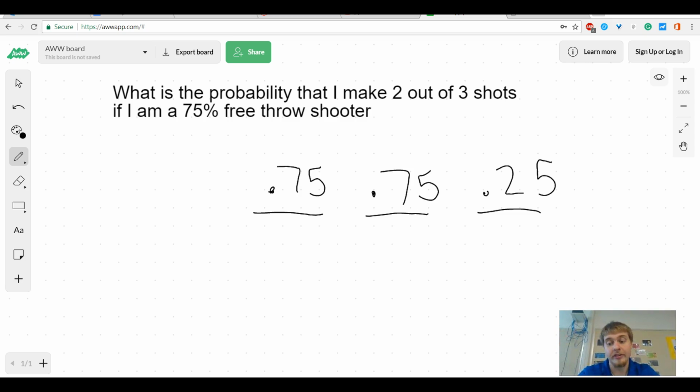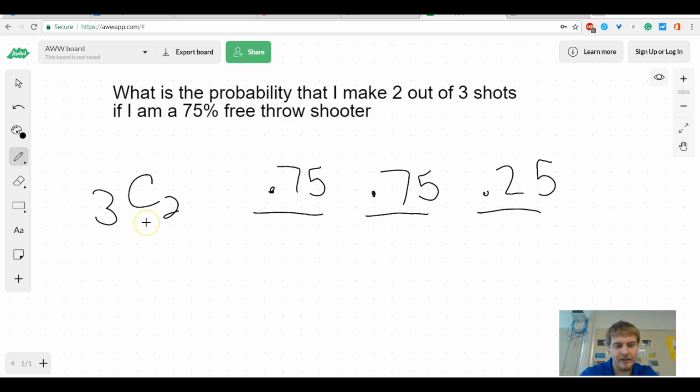So if you think back to yesterday, the order of these things doesn't matter, and we want to think about all the ways that we want to do this, so that we have 3 different things total, and we want 2 things to happen. So we want to have 3 shots, but choose 2 of them that work, or that we make, and that would be all the different probabilities that you could get.